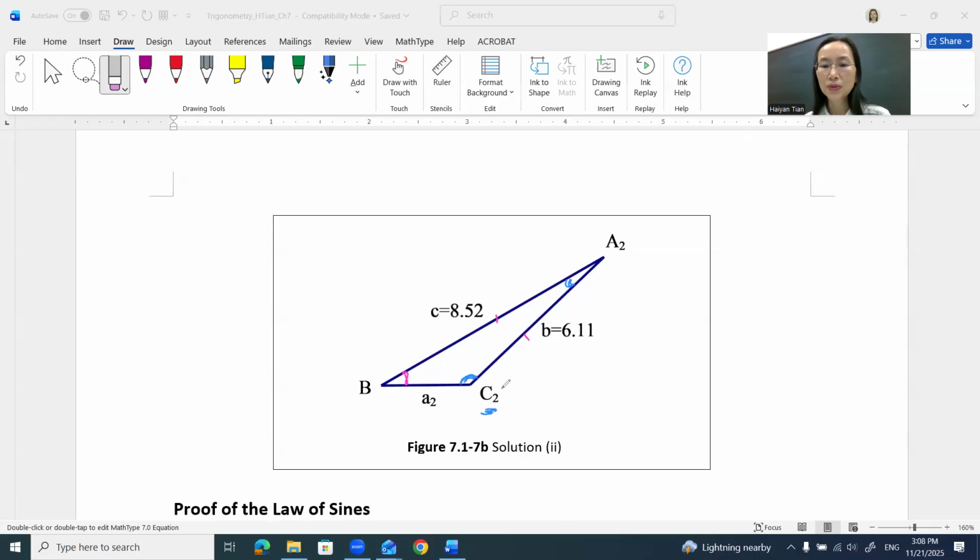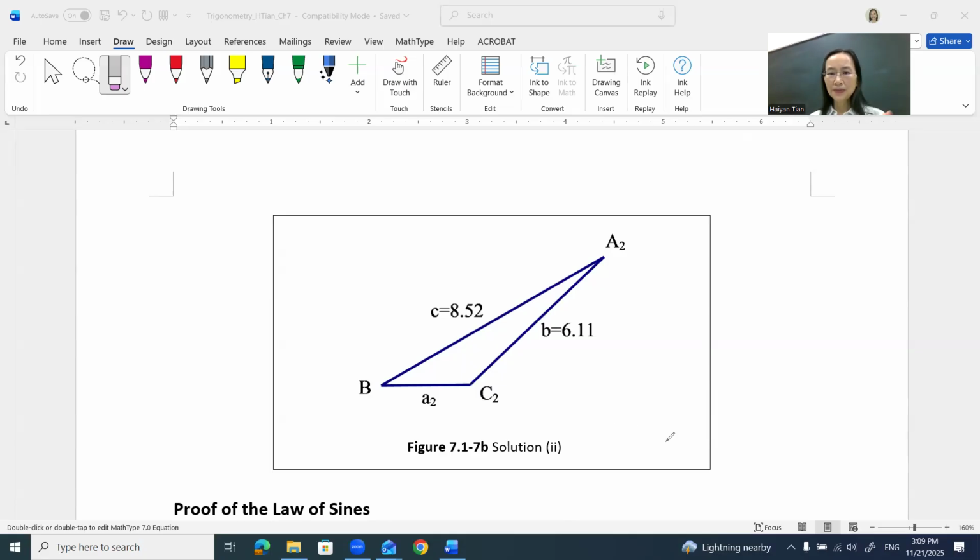That's corresponding to this angle C. Then we can get the A2, which is smaller. And this side length A2 is the side length corresponding to this angle. So we adopt different notations just to say this is our second solution. So you see an example with the side angle given, and we found two solutions in this problem.